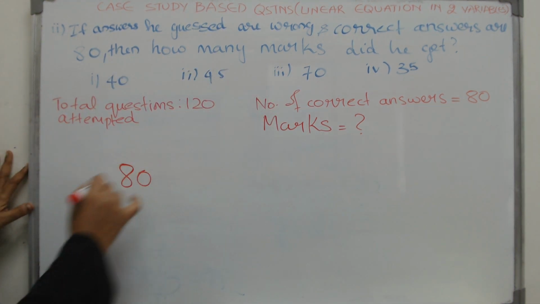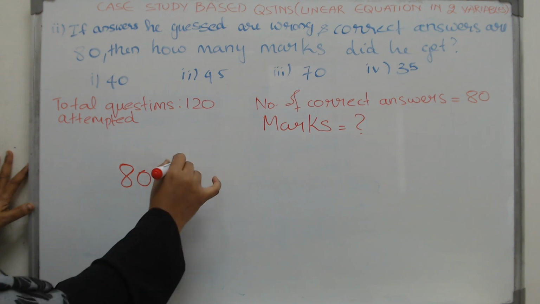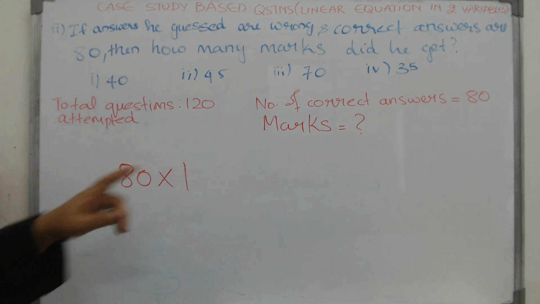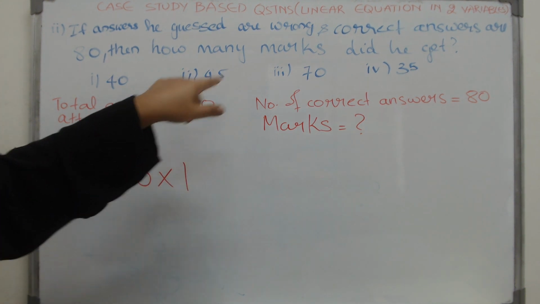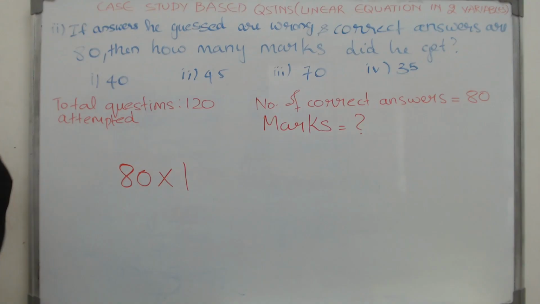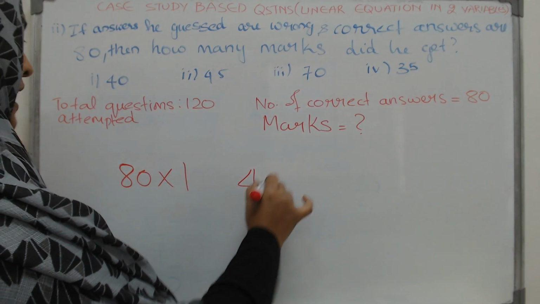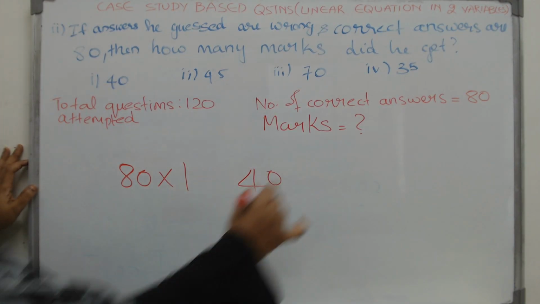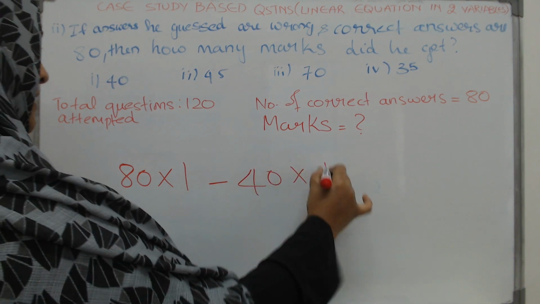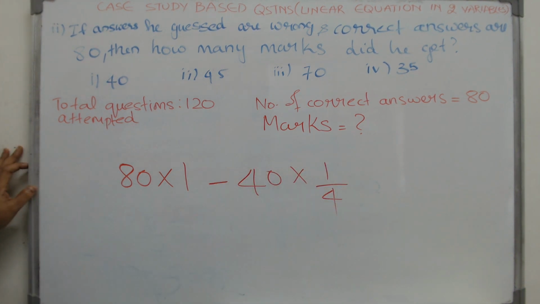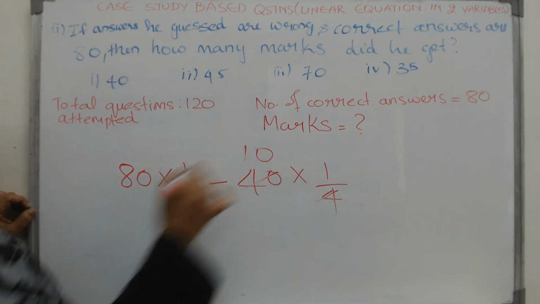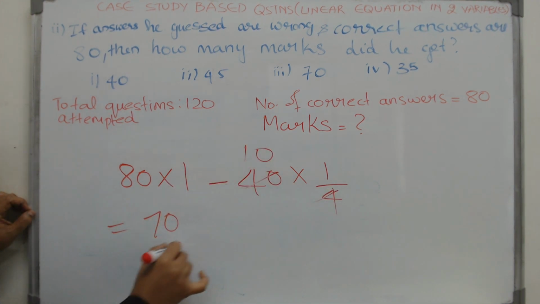So for each of the 80 questions, he got 1 mark each. Then how many was wrong? Out of 120, if you take away 80, 40 of his answers were wrong. And for each of the wrong answers, he lost 1/4 mark. So totally how much did he get? He got only 70 marks.